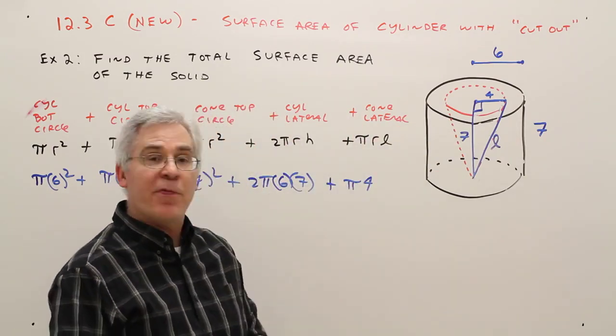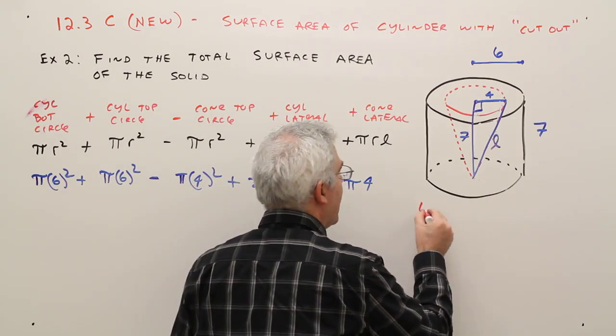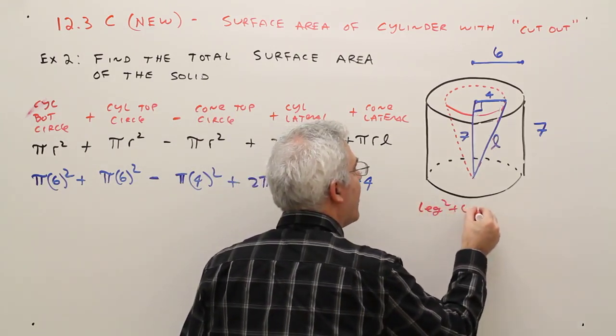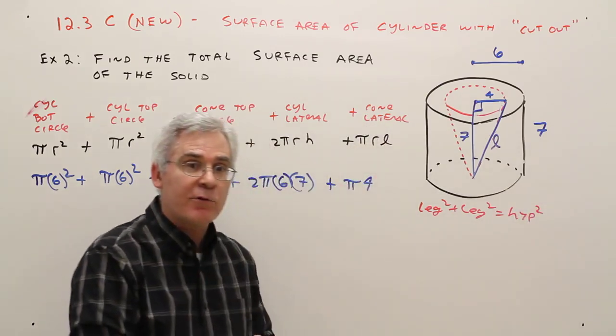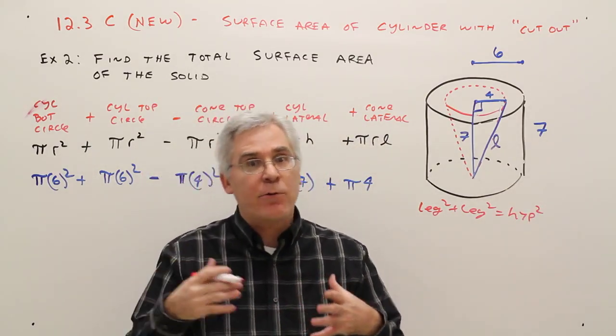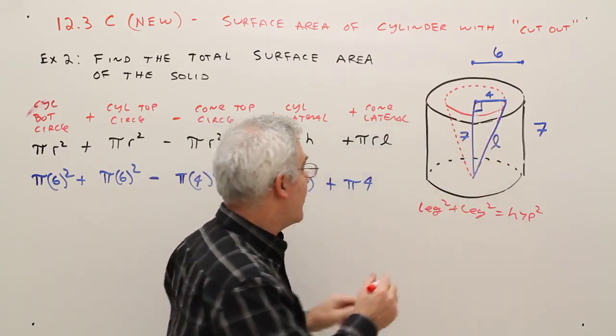All right, I'm going to use the Pythagorean theorem. So just a quick reminder, it's going to be leg squared plus leg squared equals hypotenuse squared. It's very important to know who the legs are, who the hypotenuse is. So you're a leg, you're a leg, you're a hypotenuse.